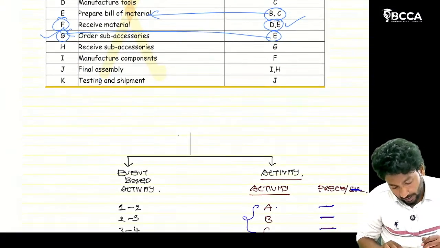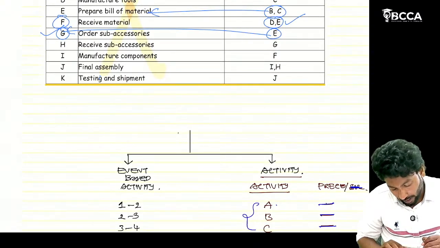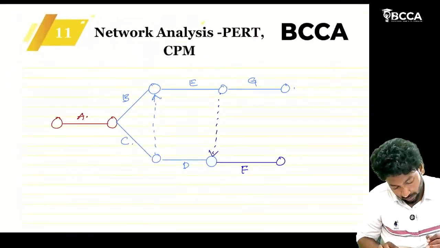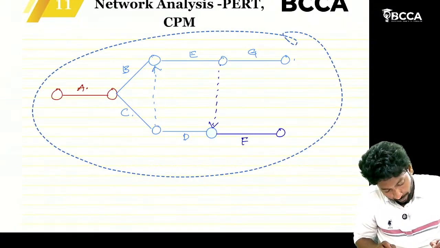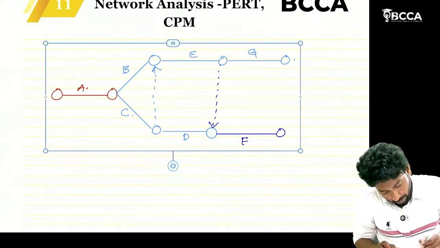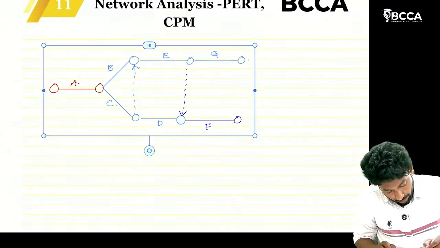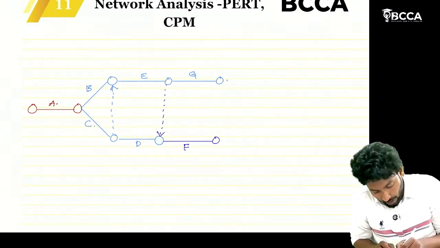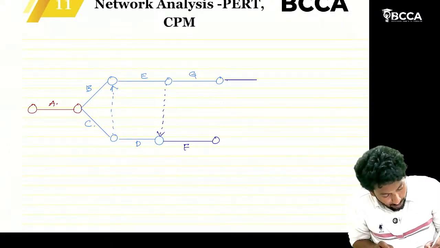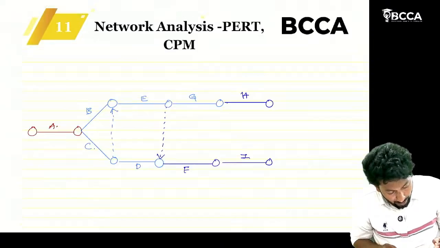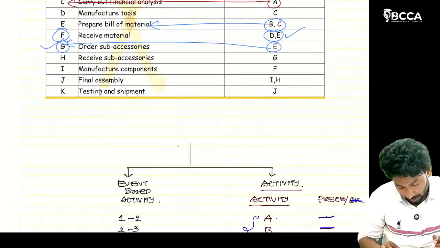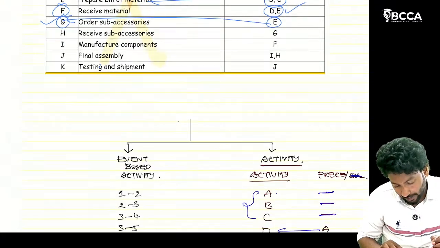After G, H can start. After F, I can start. I ends here. Next, after I and H end, J can start.